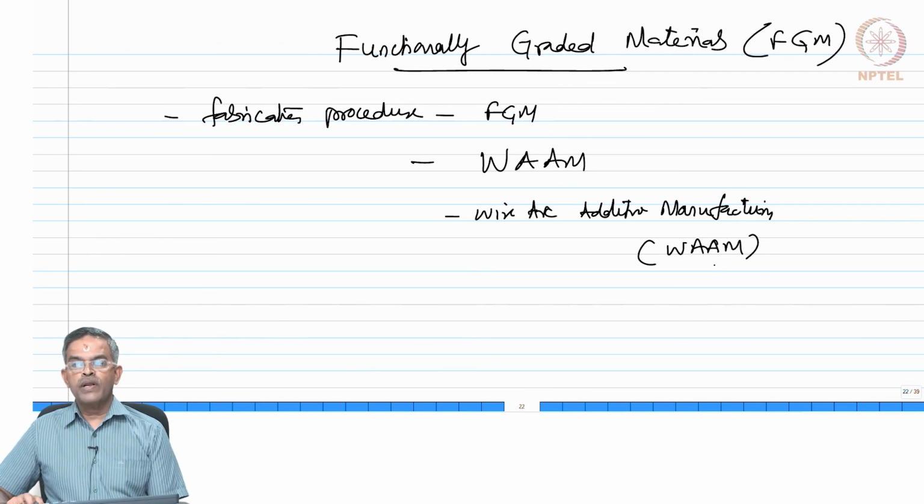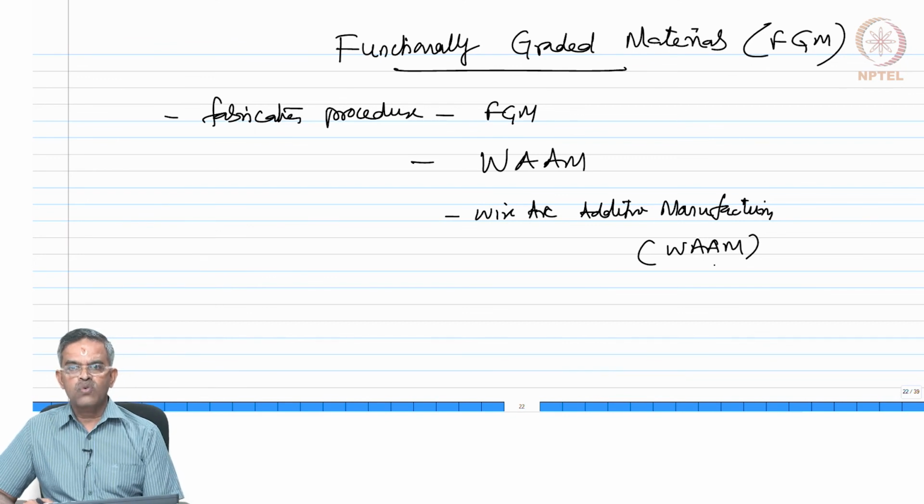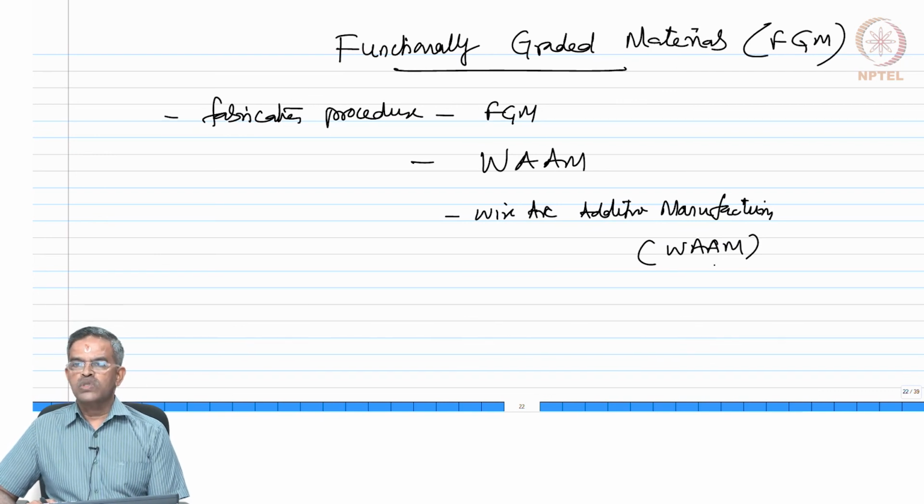Those who are interested and want to see how powerful WAM is in manufacturing FGM, you can email me, and we can arrange a short visit to the lab. When the experiments are conducted and fabrication is going on, we will help you see how FGM can be fabricated using the WAM process. I will give you some more videos and lecture connectivities in the coming lectures for you to know more about it, but keep your knowledge growth horizontal so that you keep on learning more and more as you go ahead.